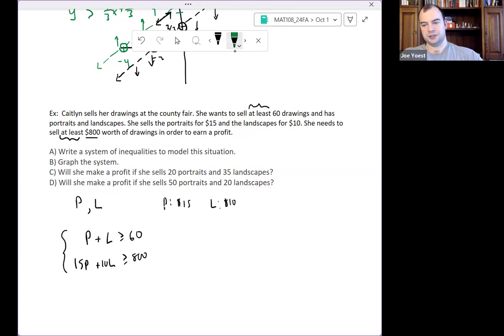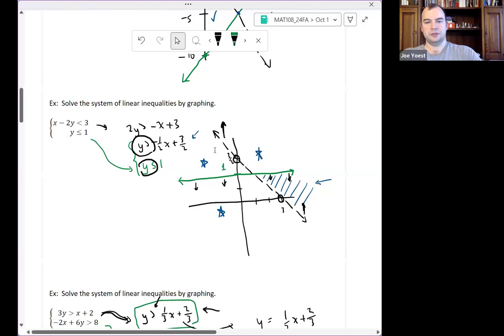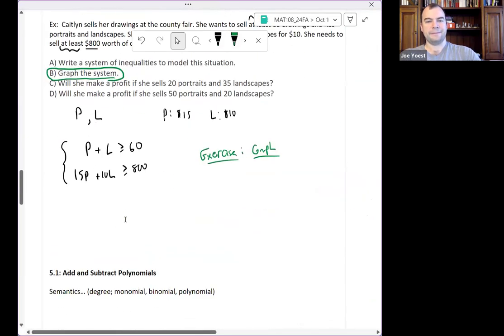I'll leave it as an exercise to graph because I want to make sure that we get a start on chapter 5. So we'll leave B as an exercise. Go through a similar process as up here. Plot out the lines, figure out what quadrant represents the solutions.